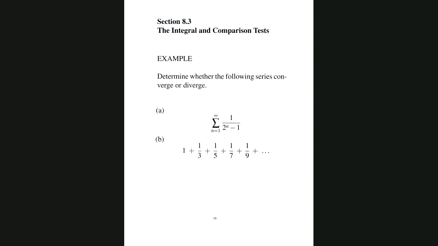All right, so the first series, what does your intuition tell you? The series where n equals 1 to infinity of 1 over 2n minus 1. What does your intuition tell you?